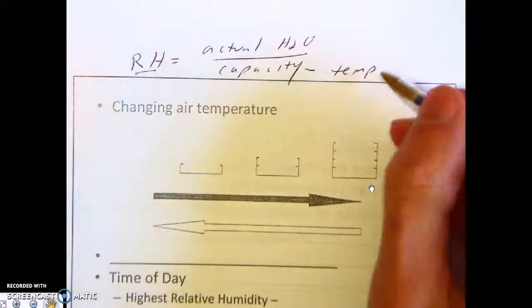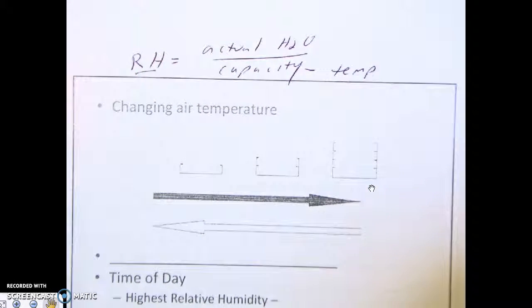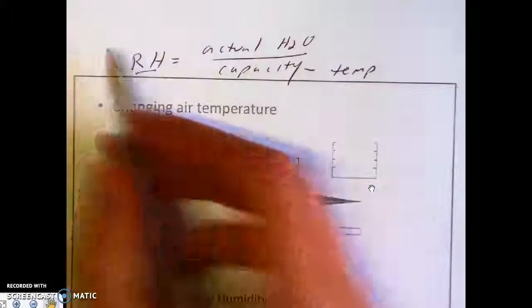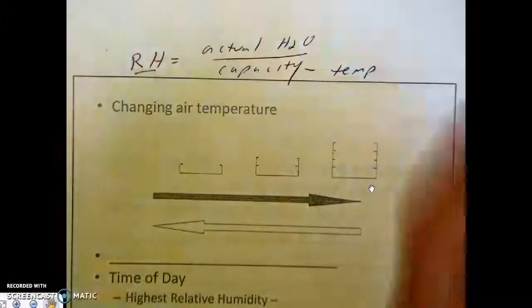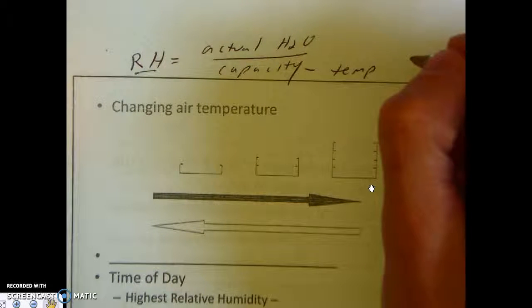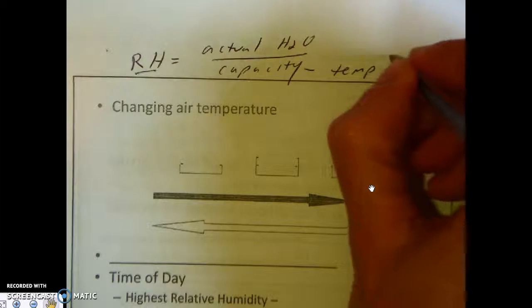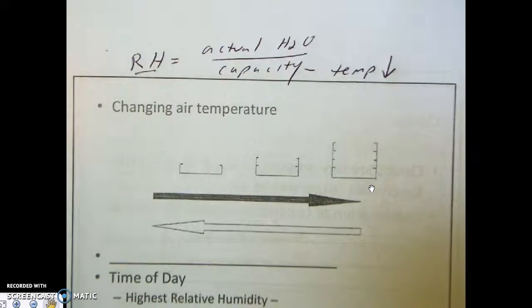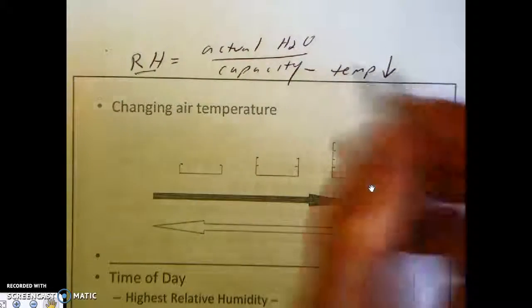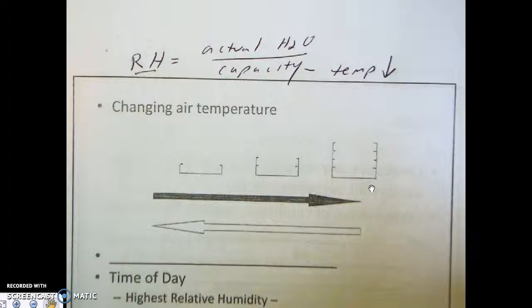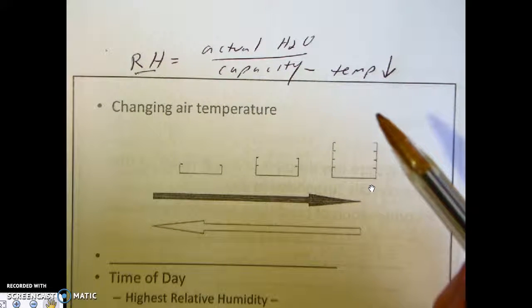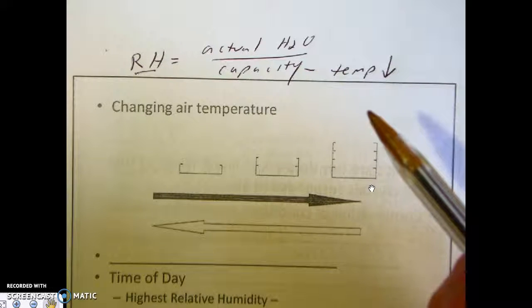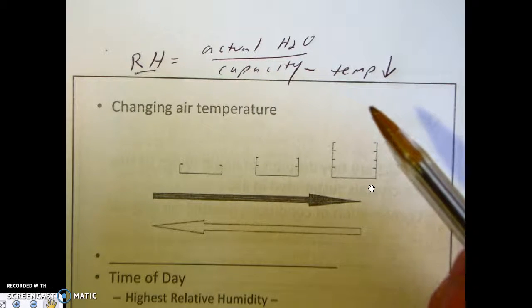And temperature in itself is not a measurement of water, but it will affect the relative humidity. And this is something that often happens. So if we have, say, really cold air, a really, really low temperature, if we have a small number in the denominator, a really low temperature, that's going to have a big impact on our relative humidity, and vice versa.